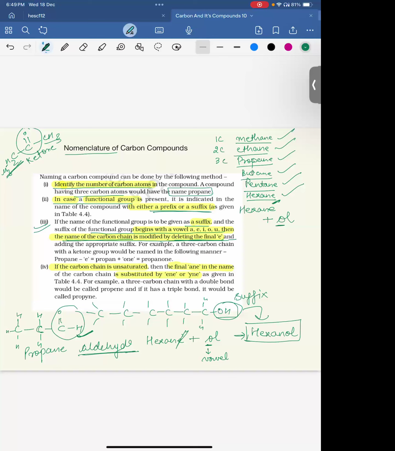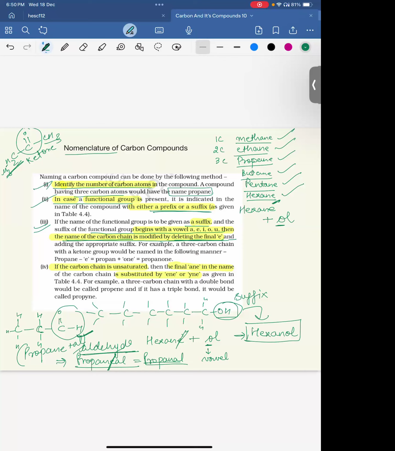And what is the suffix for aldehyde? Al. Yes. So I'll write the name as propanal. Is it correct? E should be eliminated, because the suffix has A in it, and A is a vowel. So the correct name will be propanal.